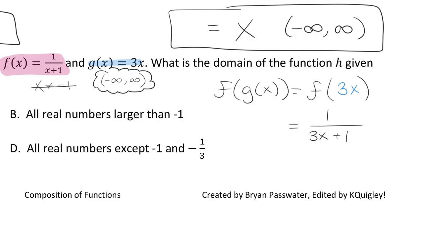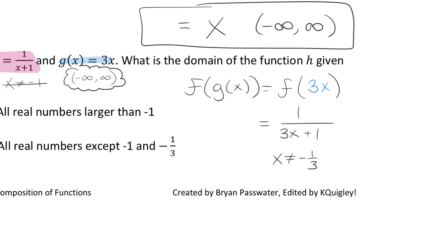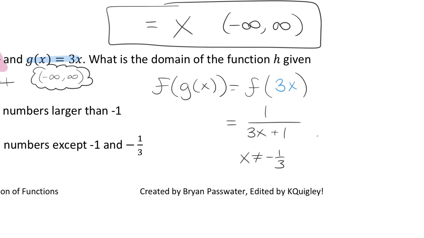Negative 1/3. So x is not allowed to be equal to negative 1/3 here because 3 times negative 1/3 is negative 1, and negative 1 plus 1 would be 0. If you're sitting here thinking, how did you get that? Technically, this is what we did. Subtract 1 from both sides, divide by 3.